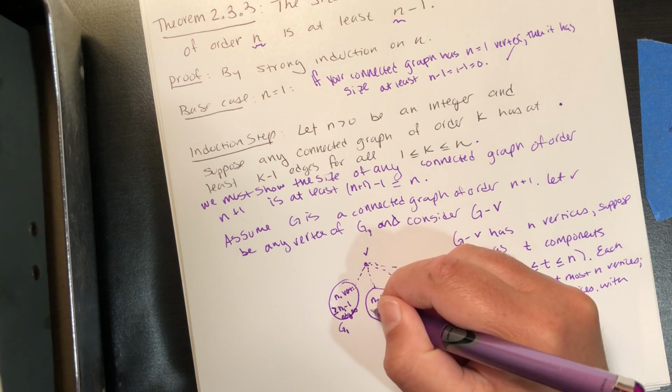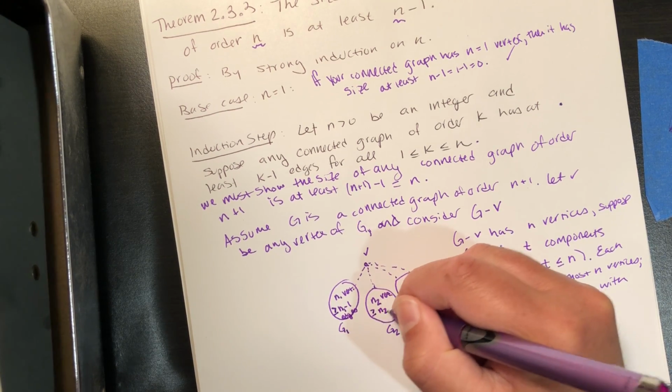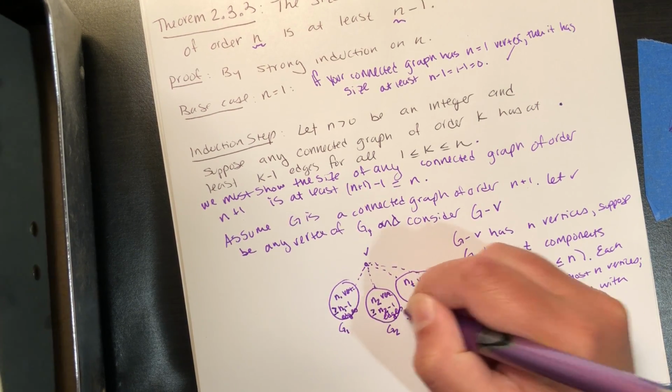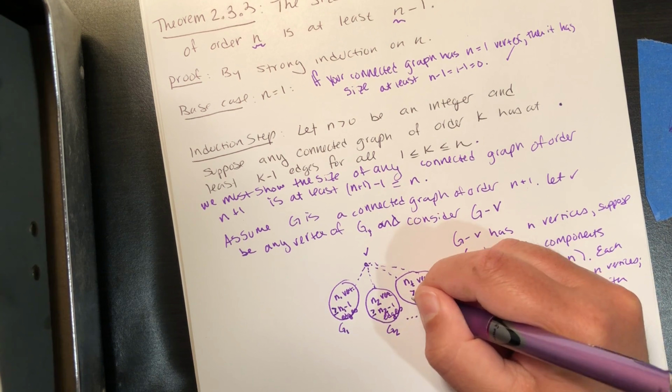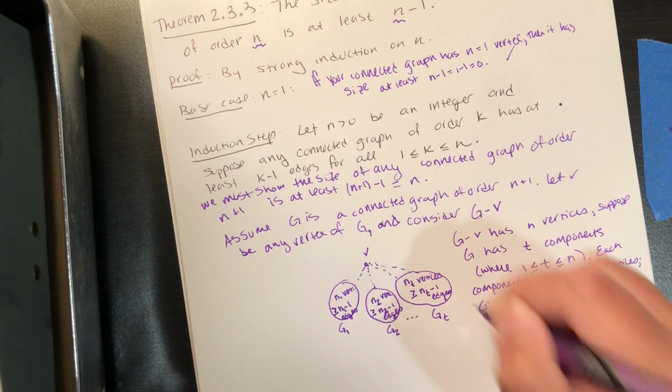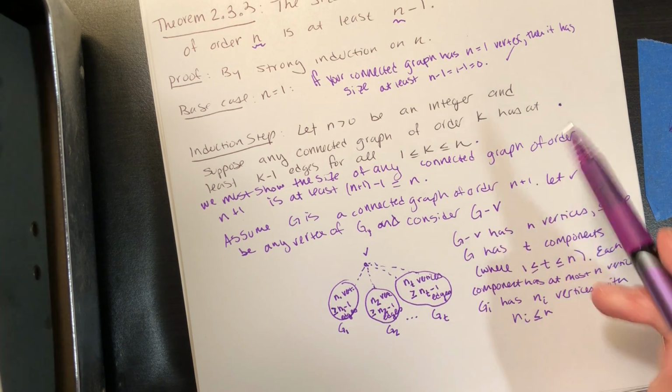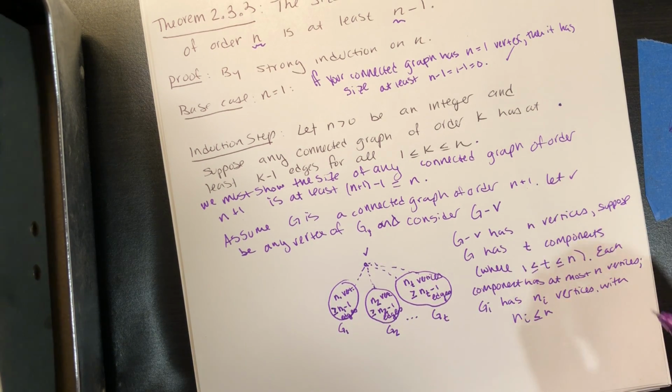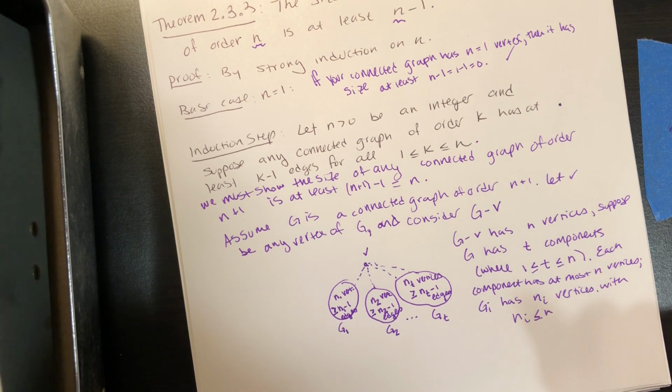And this connected component is going to have at least n2 minus 1 edges. And this connected component is going to have at least nt minus 1 edges. Maybe more, but it's going to have at least that many based on our induction hypothesis, right?